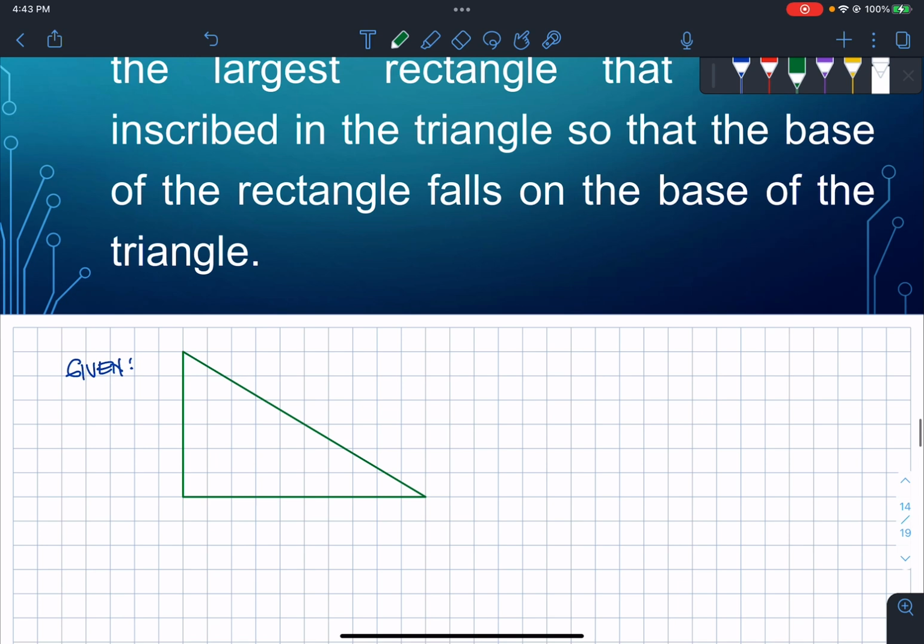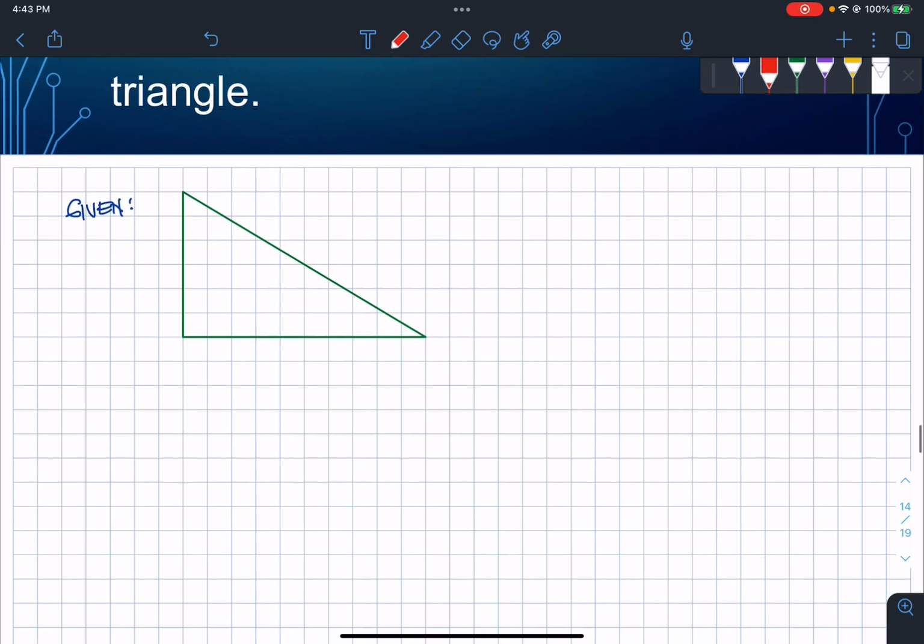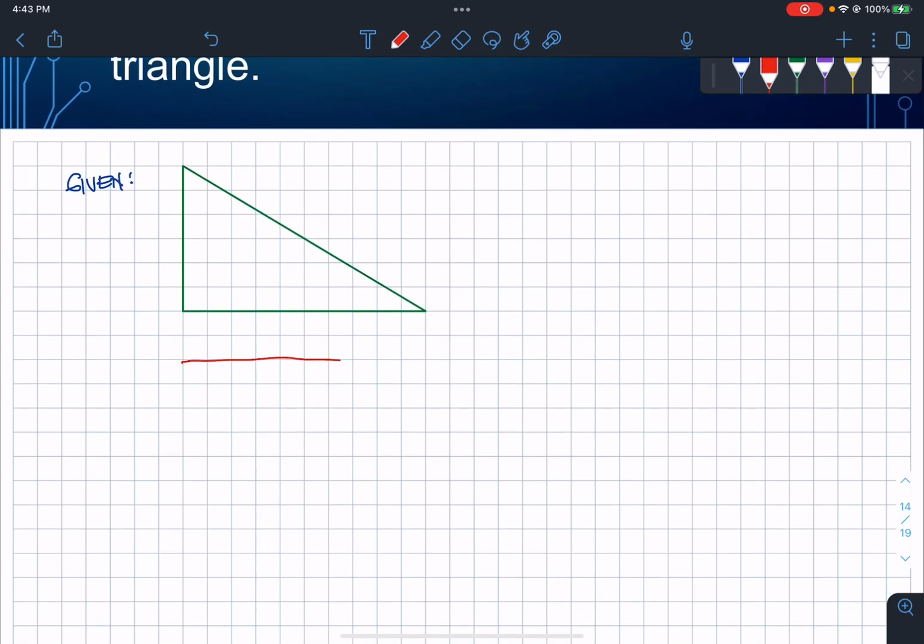So the base is 12 feet, and then we have the height, which is 8 feet.